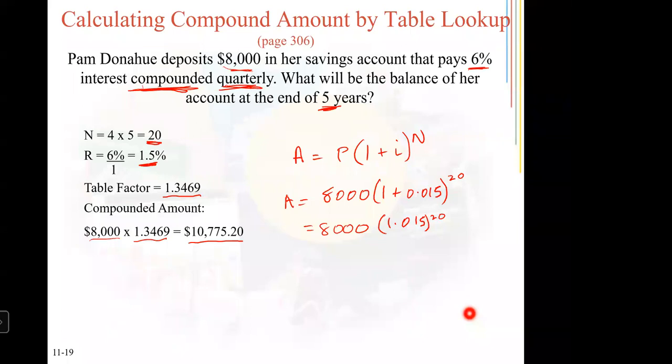Are you with us, Mr. Butler? Yes, I'm here. It's asking how could you shortcut that instead of multiplying 1.015 by 1.015 20 times? What key on your calculator could you use to shortcut that? The power key.